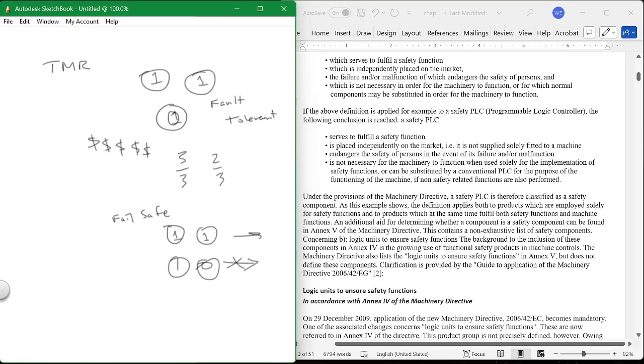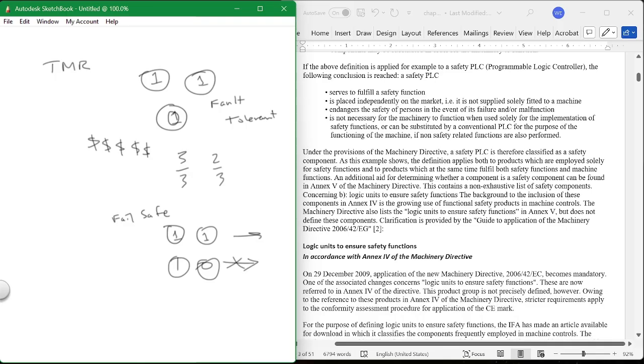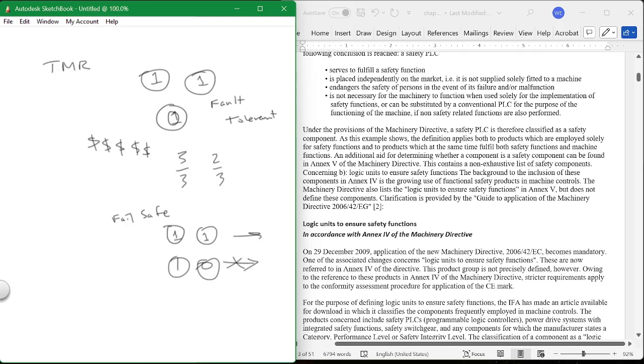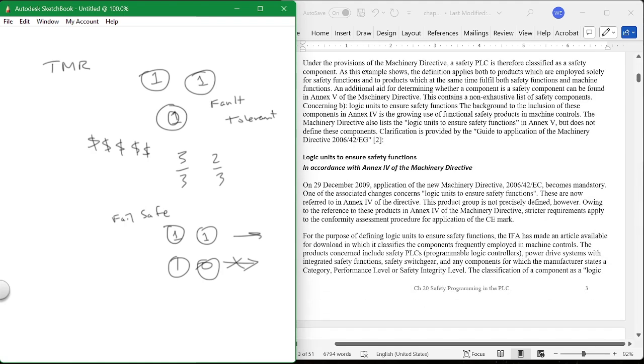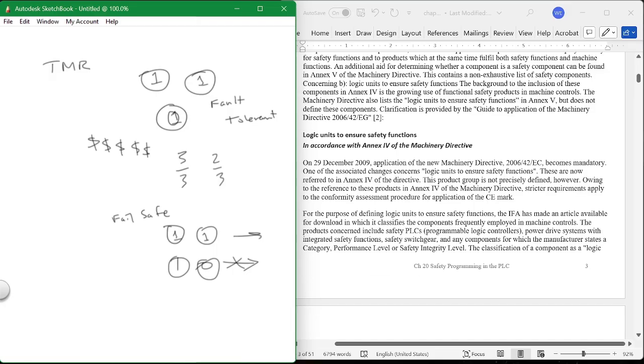So therefore, that drives you to think of safety PLCs from the very beginning in most projects. Because if the possibility exists that you would have to put something in, even after the fact, even after you've put everything in that you thought you needed, but yet you discovered after the fact you needed something else that was safety related, you have to go back and put it in, okay?